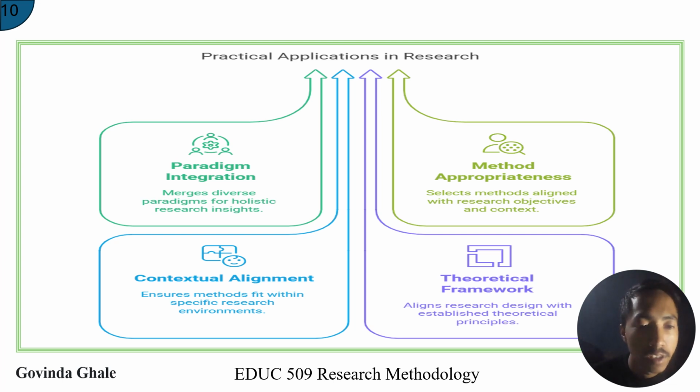We can choose according to the specific research environment. Next is theoretical framework, that means aligning research design with established theoretical principles.